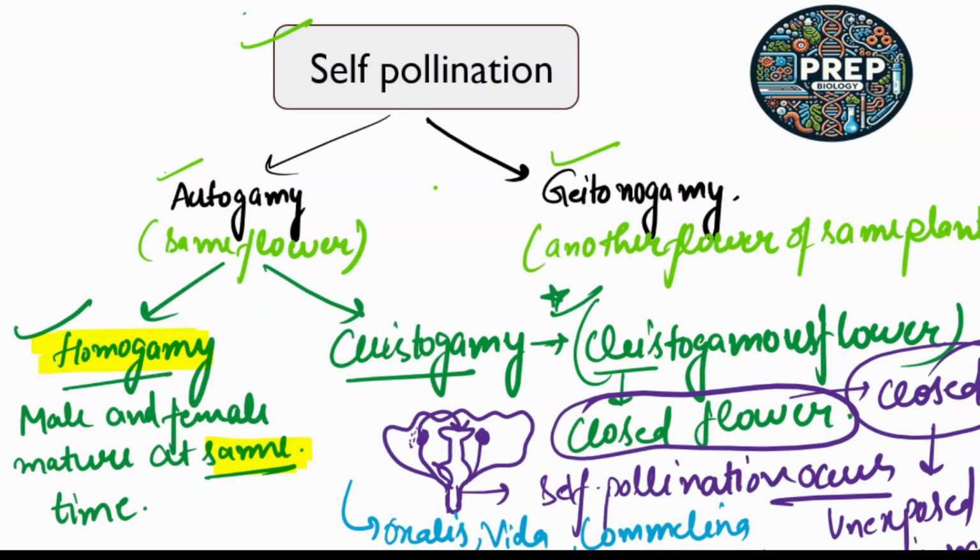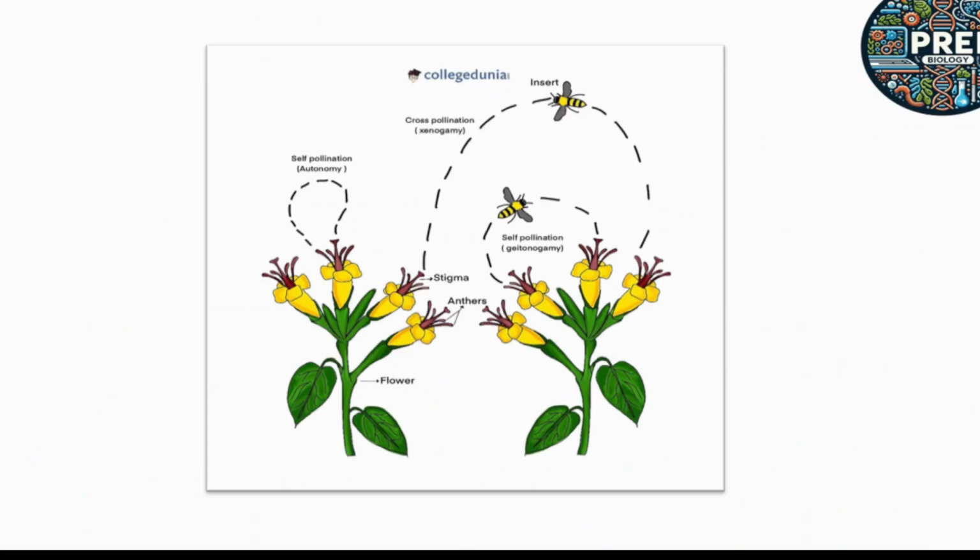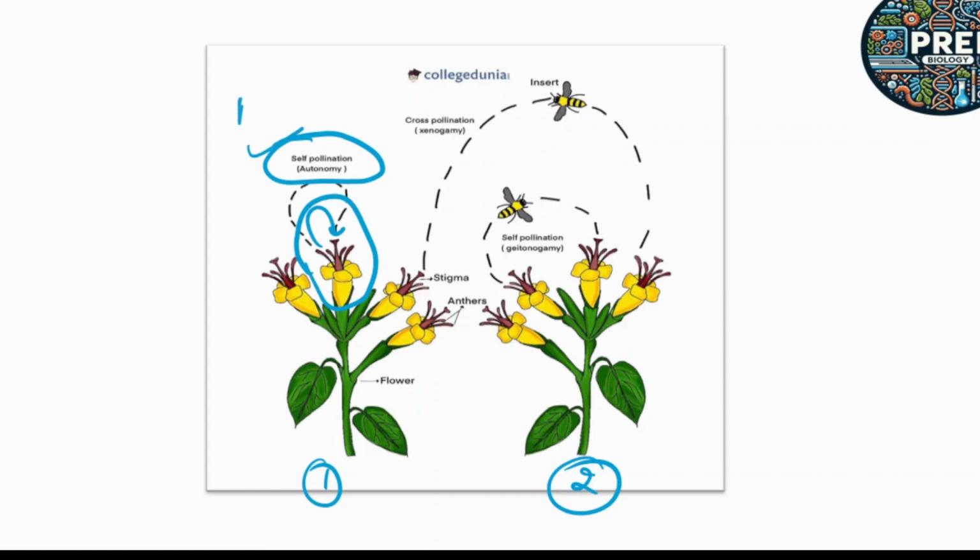If we see the diagram, this is one plant, this is the second plant, okay? The transfer of the pollen grains from anther to the stigma of the same flower, that condition is called autogamy.